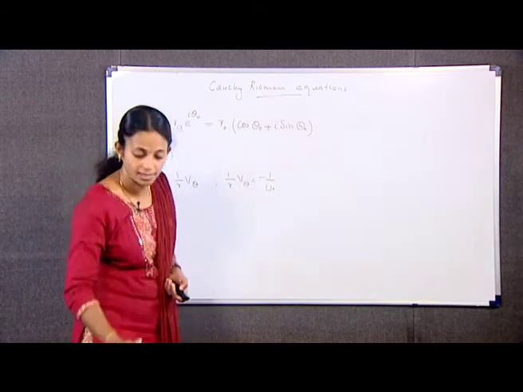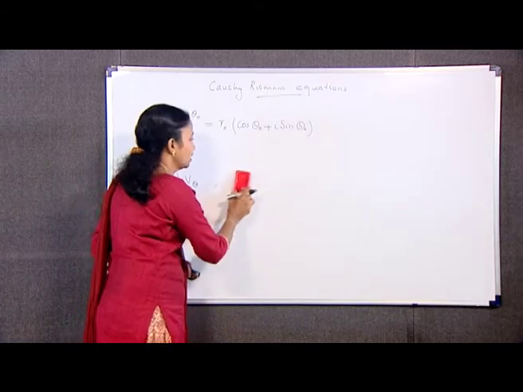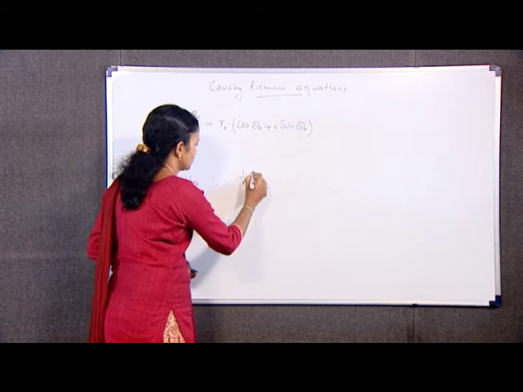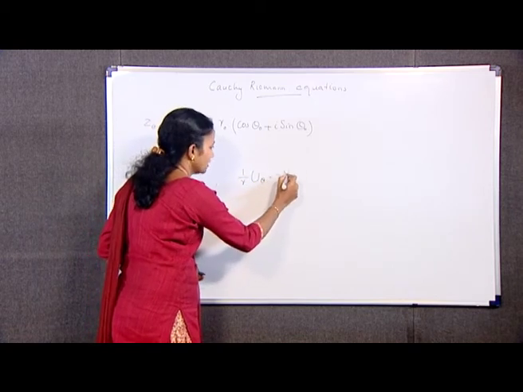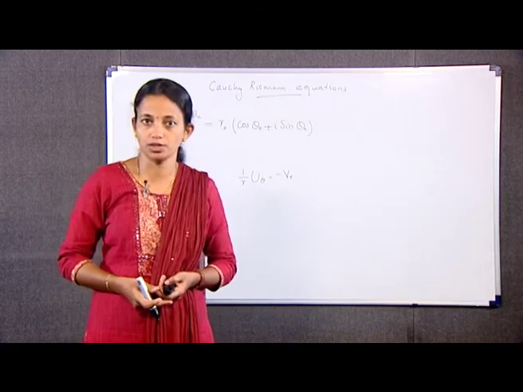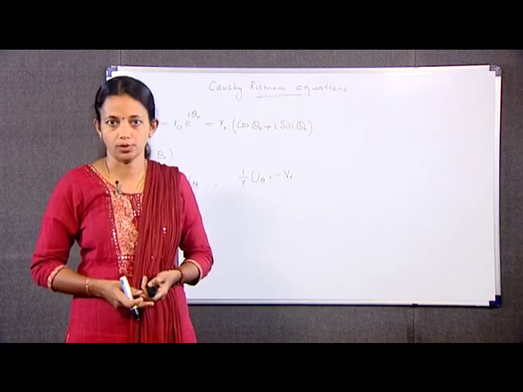1 by r v theta is, sorry, here we have 1 by r u theta is equal to minus v r, the Cauchy-Riemann equation at the point r naught theta naught.